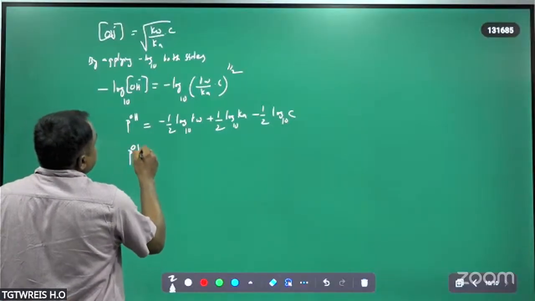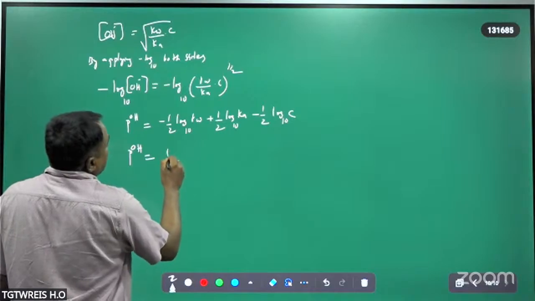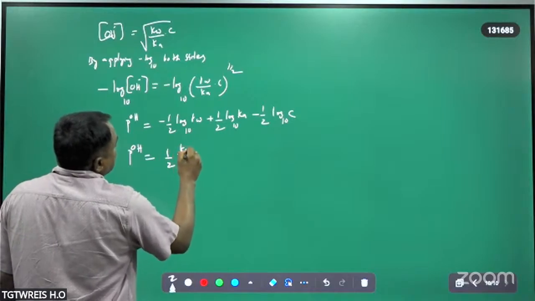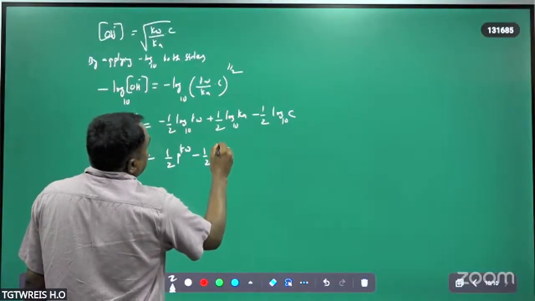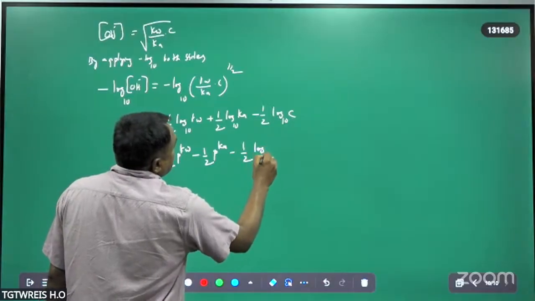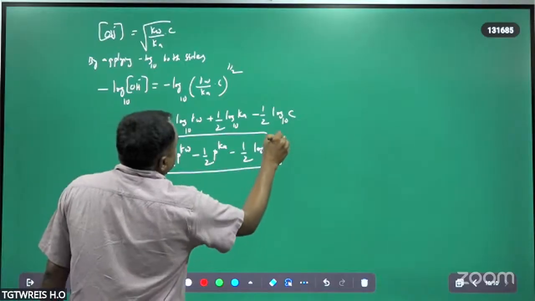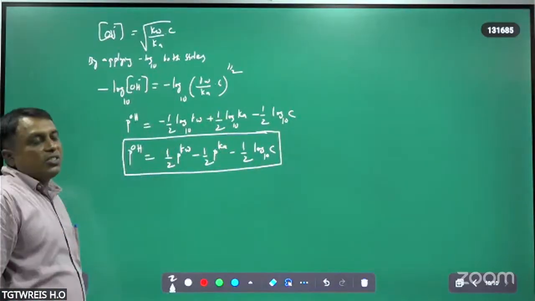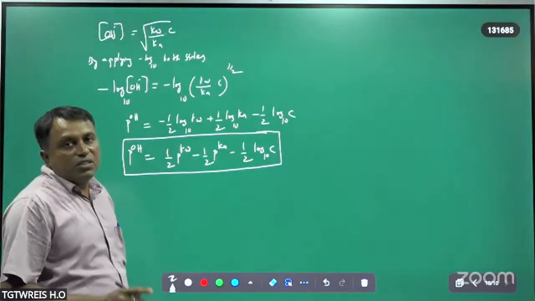So pOH is equal to minus log base 10 Kw, which is pKw. Therefore, this is 1 by 2 pKw, minus 1 by 2 pKa, minus 1 by 2 log C. This is the principle used to calculate the pOH of salts like CH3COONa.